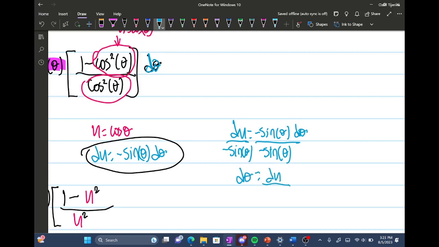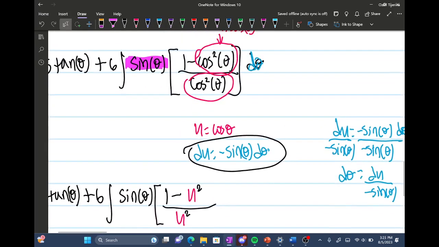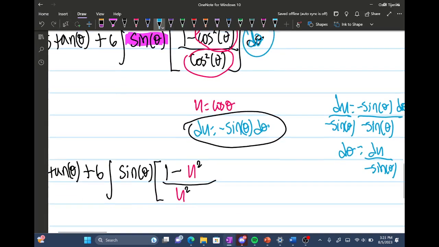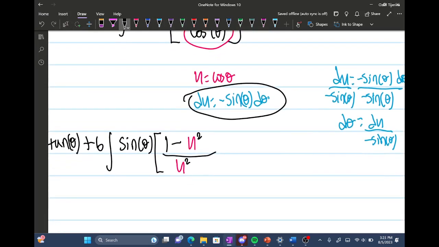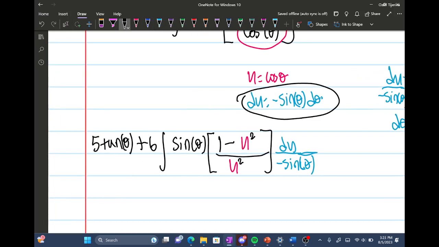So d theta is du over negative sine theta. And as you can see, that's going to go in place for this. We're going to close this here and put du over negative sine of theta. Now, as I said, the sine of theta will cancel out.